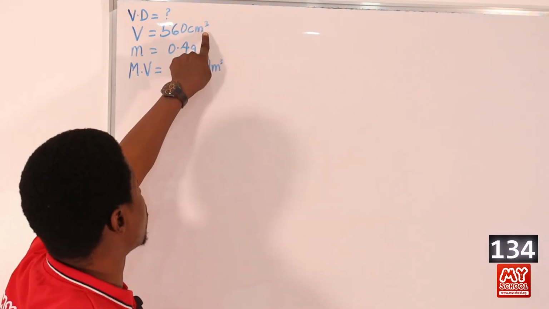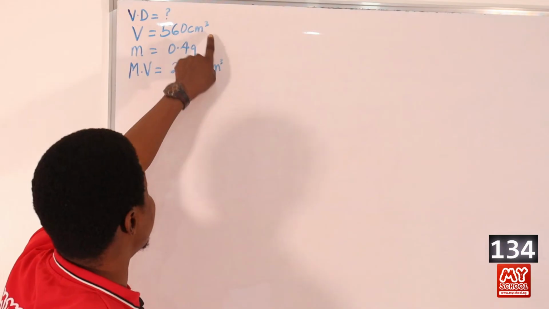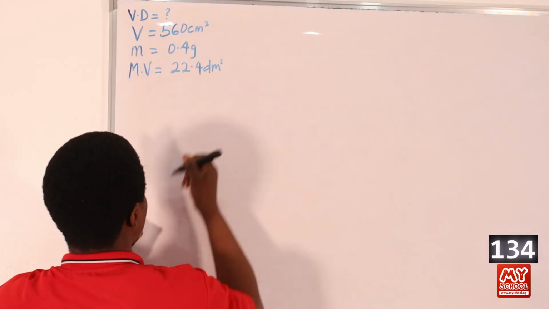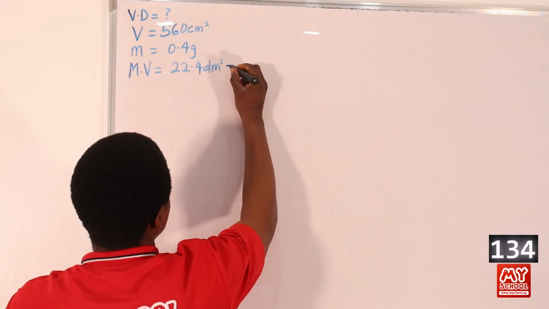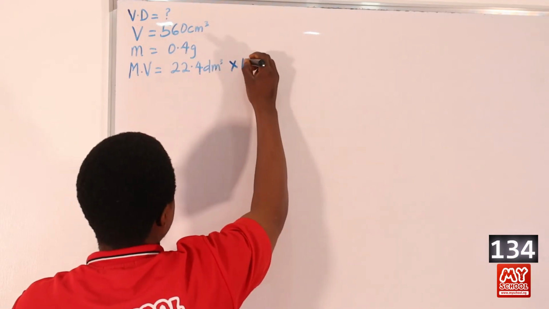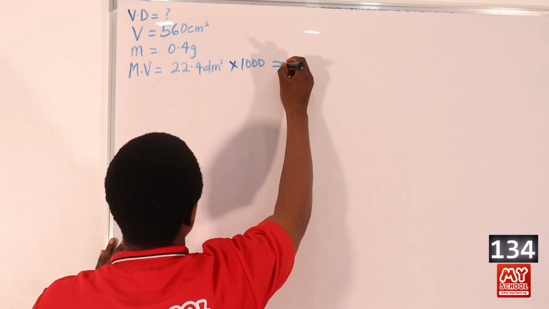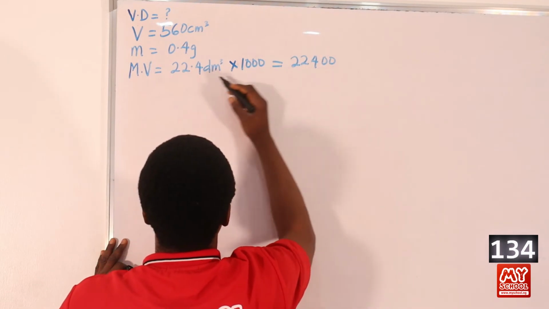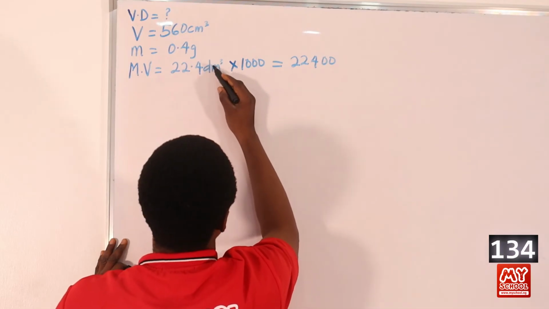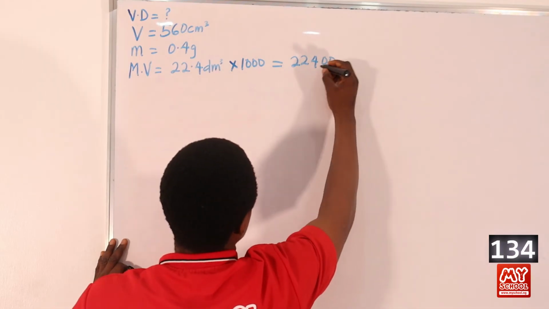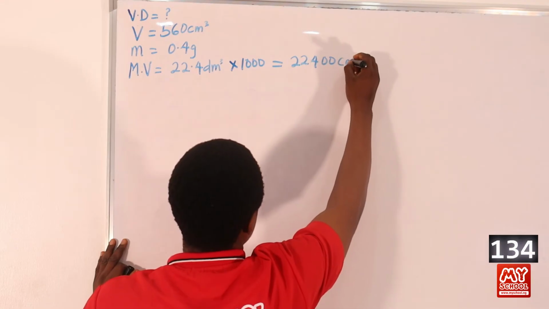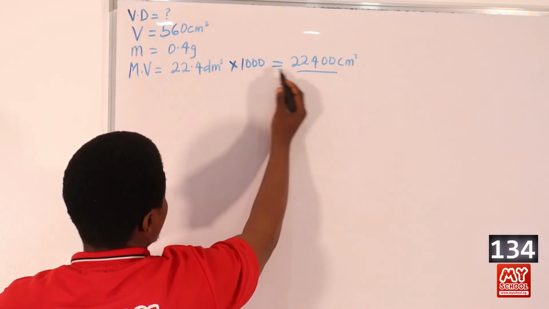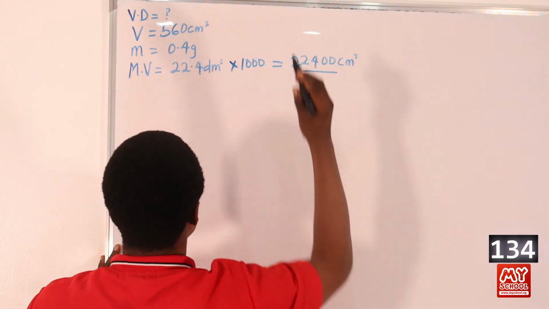So we must ensure both are in the same unit. If we convert 22.4 dm³ to cm³, we multiply by 1000, which gives 22,400 cm³. So it's either 22.4 dm³ or 22,400 cm³.